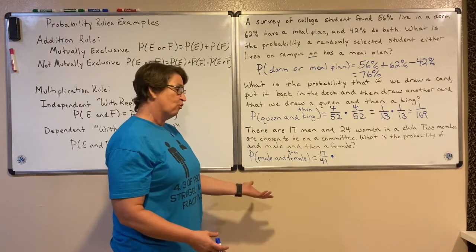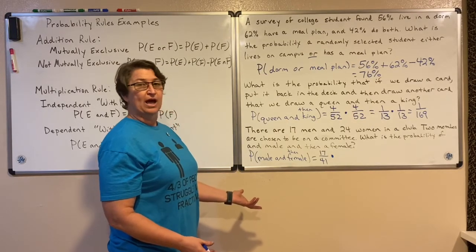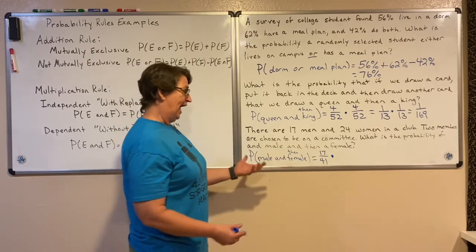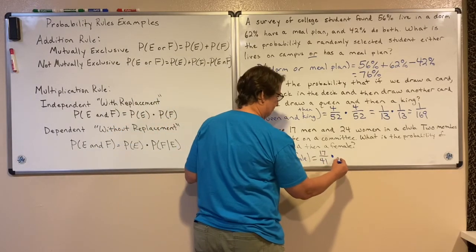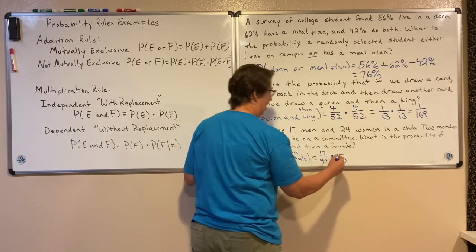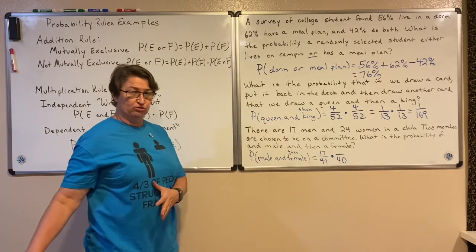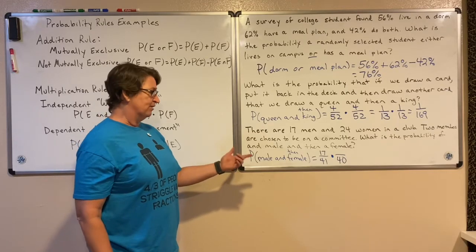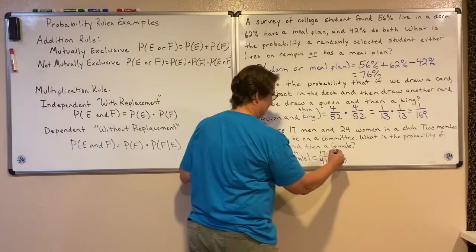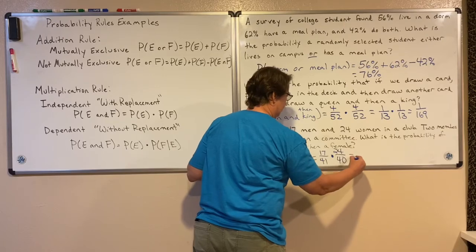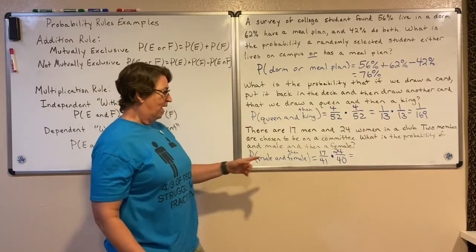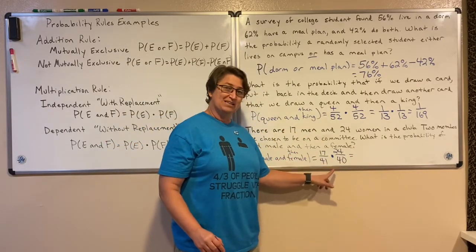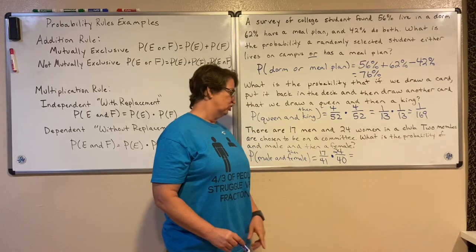Do I still have 41 people in there? I don't think so. Instead, I'm going to have 40 people now, because the man has already been chosen. So now there are only 40 people in the club. And then how many of those are female? Well, 24 of them are female. So my probability changed based upon that first one being chosen.